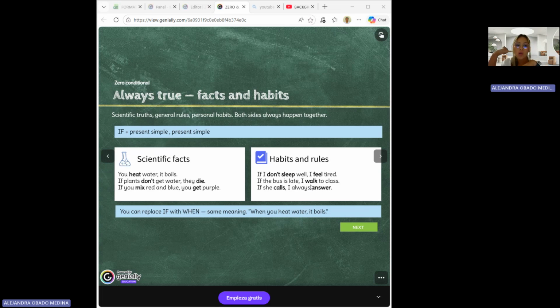And if she calls, I always answer, without exception. Important thing: you can replace if with when in the zero conditional. Same meaning. When you heat water, it boils.